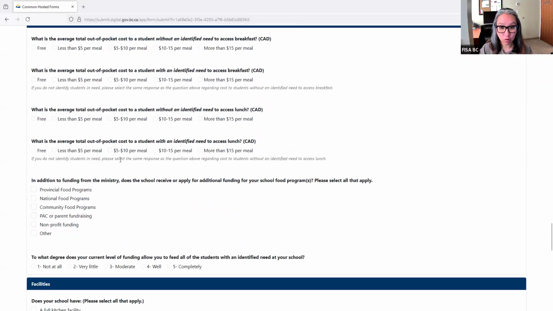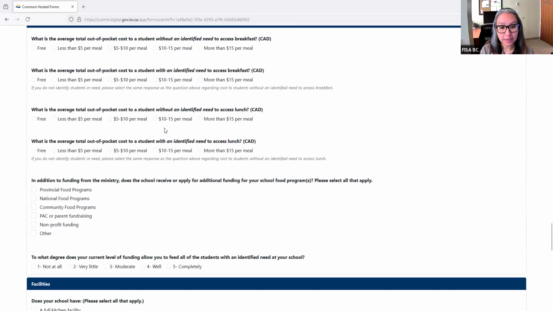But I remember I was not offering any breakfast, so I'm taking away this one. I'm not answering. But if you are offering breakfast and it's free or less than $5, how much is the student paying? Student means not just the student, family paying, okay? What is the average total out-of-pocket for the students without identified need that access lunch? So now it's the same question, but this time for lunch.